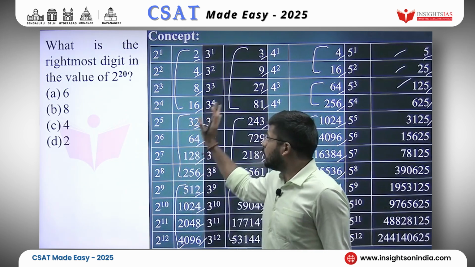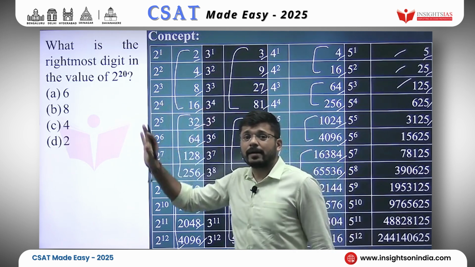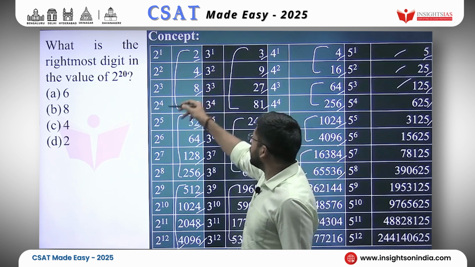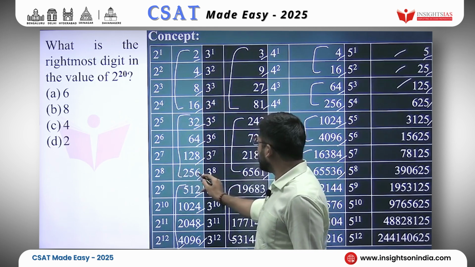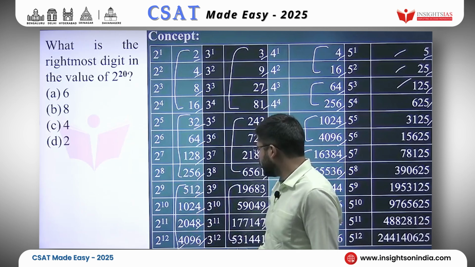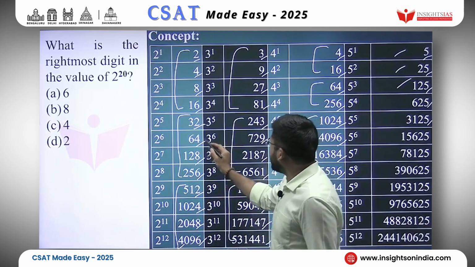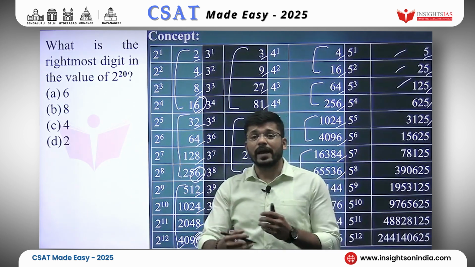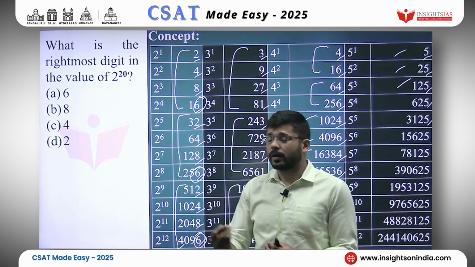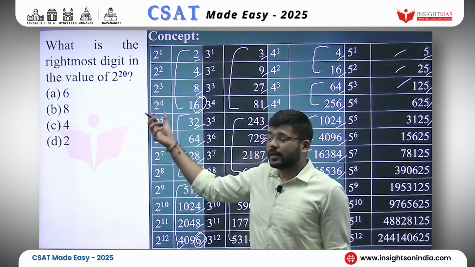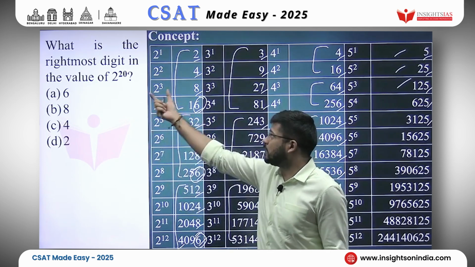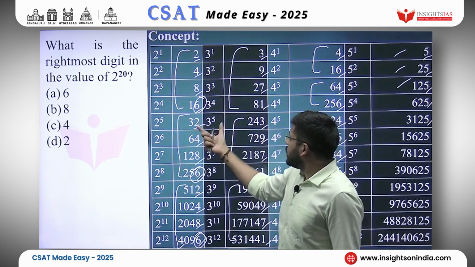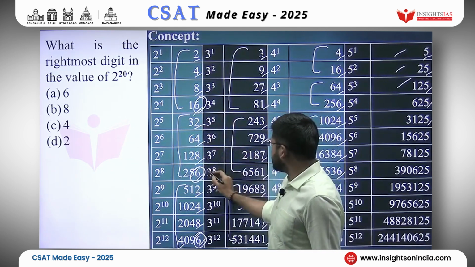Okay. Now let's use this concept and answer this question. 2 raised to 4 would be 16, and 2 raised to 8 would be 256, and 2 raised to 12 would be 4096, and the last digit would be 6 each time. So for every multiple of 4, when the power is a multiple of 4, that is equal to the cycle of the 2's exponents, the last digit is always 6.